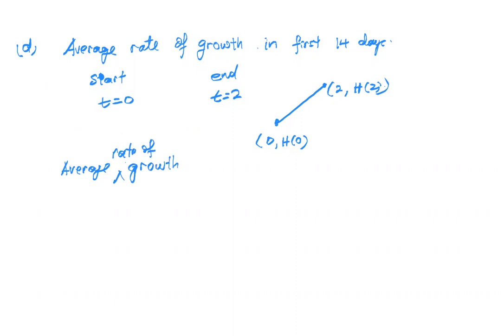You just put into your formula H2 minus H0 over 2 minus 0. That's it. So in your graphic calculator, you call out your y12, take away y10, divide by 2 minus 0. You don't have to show me any value of H2 or H0. Straight away, give me the answer.